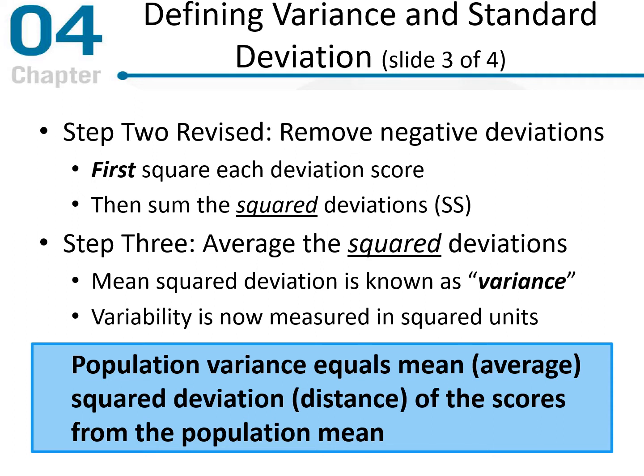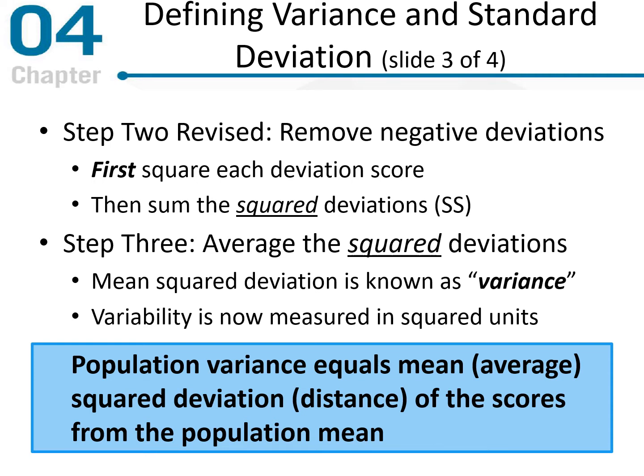So these deviation scores become squared deviation scores. Now if you want to find the average of those squared deviation scores, you sum up those squared deviations and divide by the number of scores. So if I add up all the squared deviation scores and divide by the number of total scores, I will have the population variance.